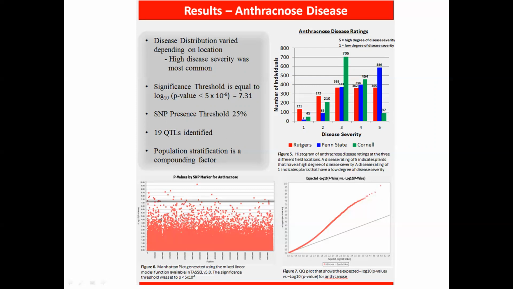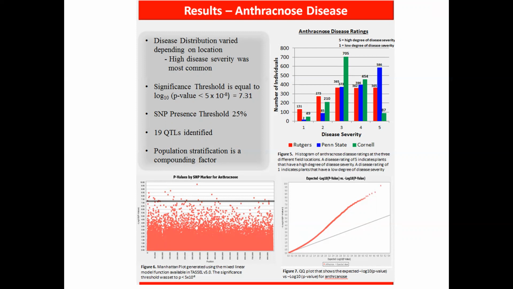So now we're going to look over here on the bottom left at this Manhattan plot. For this diagram, the SNP presence threshold was set at 25%. So out of the initial 700,000 SNPs that were genotyped, approximately 90,000 of them were retained.